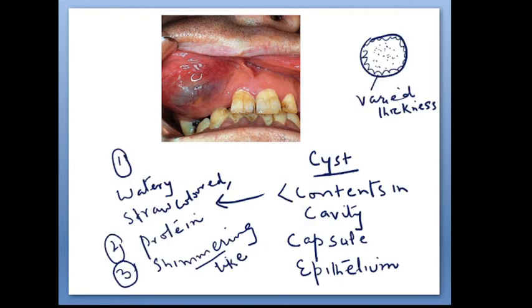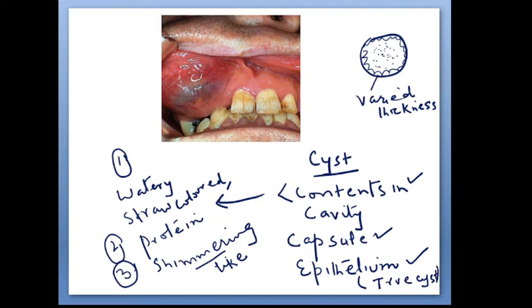Now, the cyst contains contents which are in the cavity, then there is a capsule, and then there is epithelium. If this epithelium is seen, then it's a true cyst.